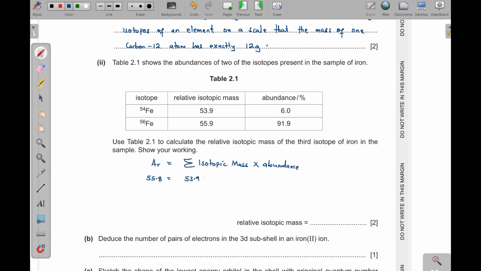So here we have 53.9, then times the percentage abundance, which is 6 out of 100, then plus 55.9, then times the percentage, which is 91.9 out of 100, then plus the other one, which we don't know, okay?